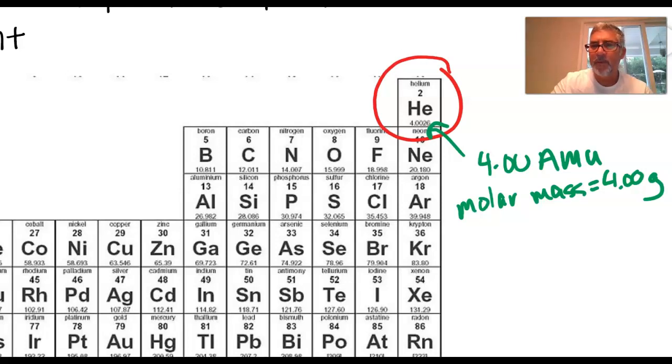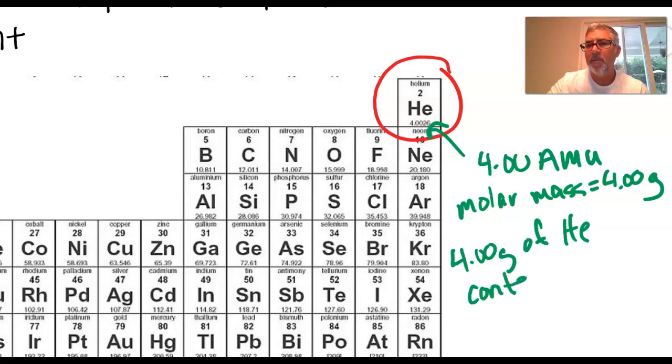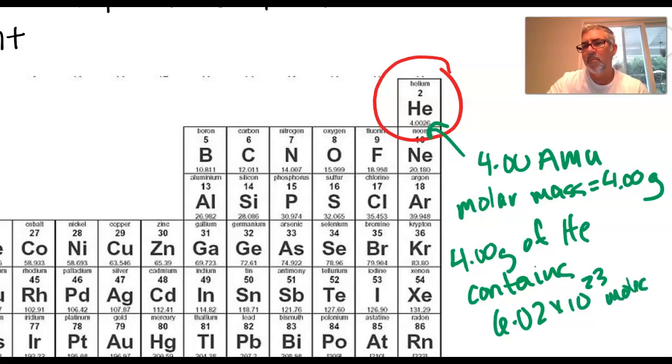So if I have 4 grams, that will contain 6.02 times 10 to the 23 molecules and occupy 22.4 liters.